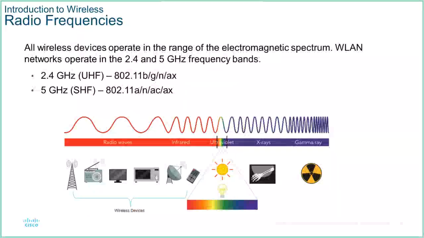So the ultraviolet is our visible light sources effectively, and then on the left here we've got radio waves, so we've got the radios, the TVs, microwaves, satellites, remote controls, which are infrared, then X-rays and gamma rays.